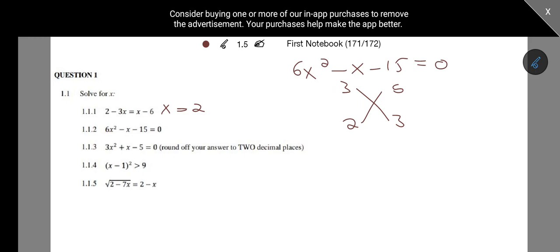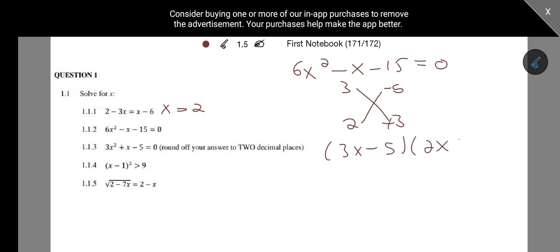So 3 times 3 is 9, 2 times 5 is 10, and 9 and 10 can give us 1. So therefore, we can take the factors. The larger factors of 3 and 5 must take the negative sign, that is the coefficient of x. So this will be negative and this will be positive. If you don't understand it, then I advise you to use the quadratic formula, since it's always safe.